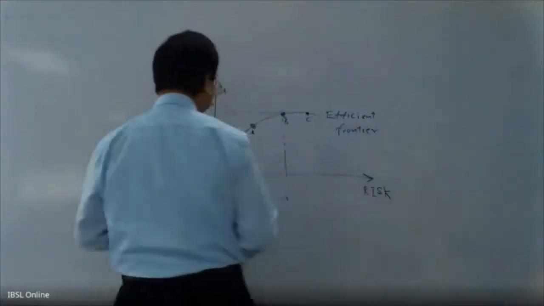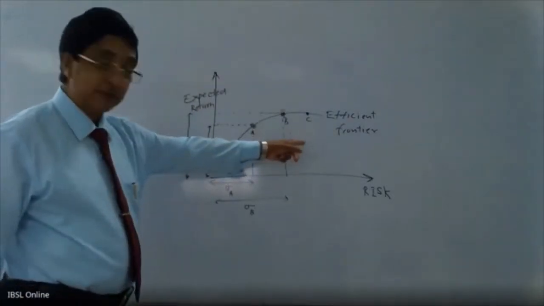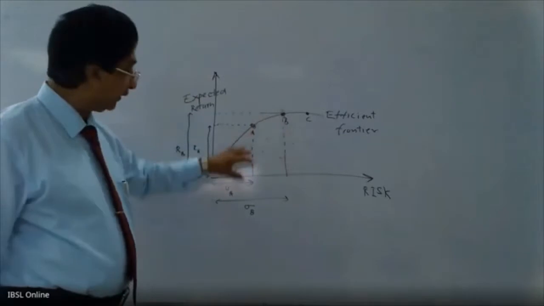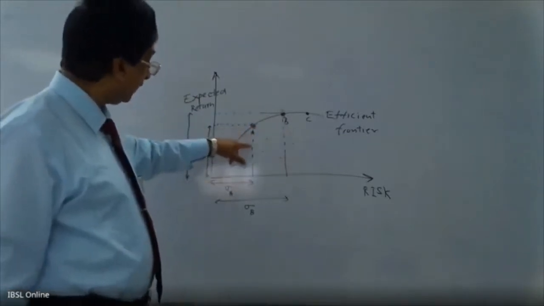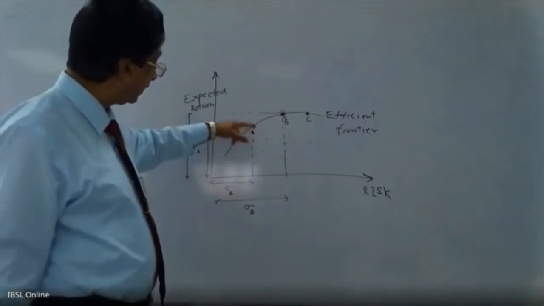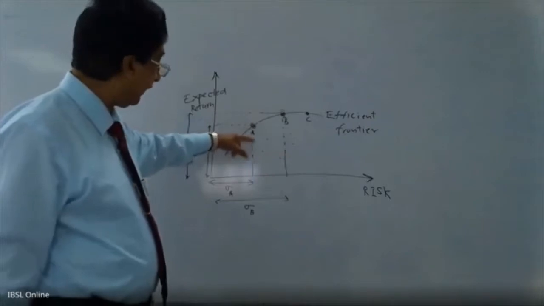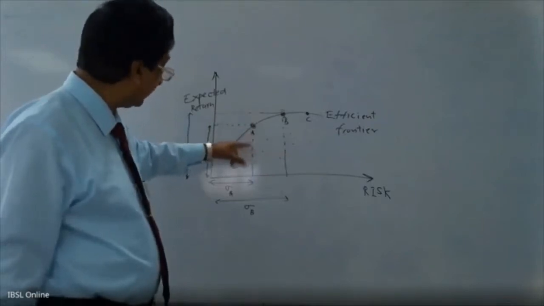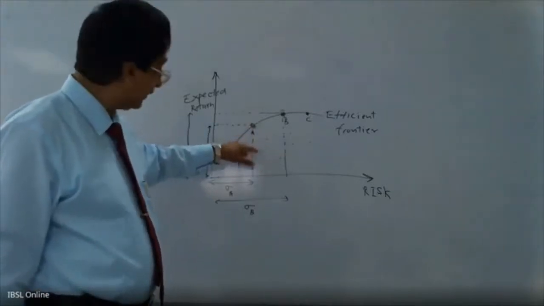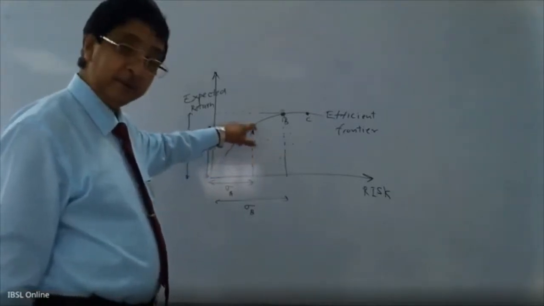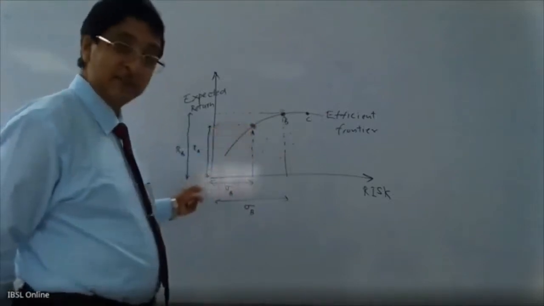And there's another thing I want to tell you. There are so many other points representing portfolios on this graph. But if you take any point just right below that, it is less than the return of portfolio A, but with the same risk.